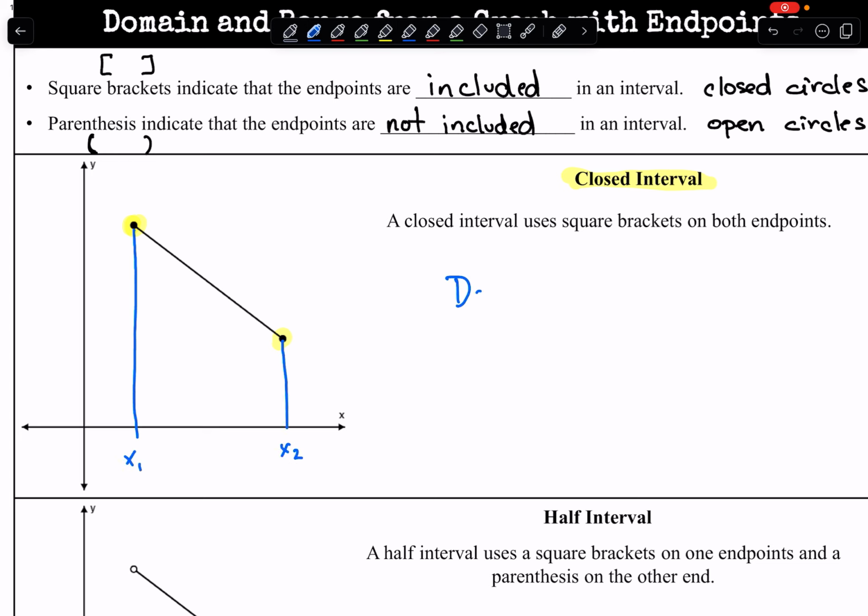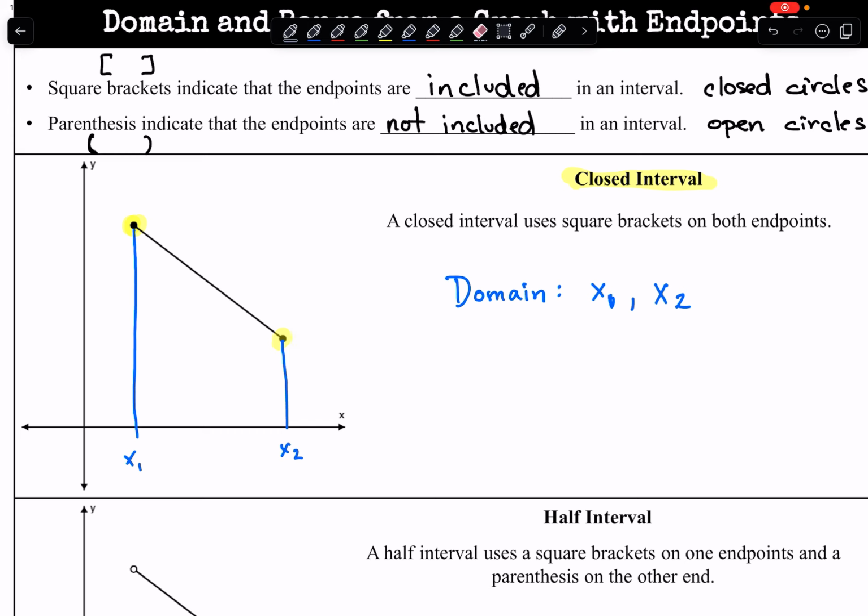The way we identify the domain here is that we look at the left point, which is x1. We don't know what the x value is, we'll just call it x1. And the right endpoint, which we'll simply call x2, because again, this is going to have an x2 y value, and it's going to have another x and y value.